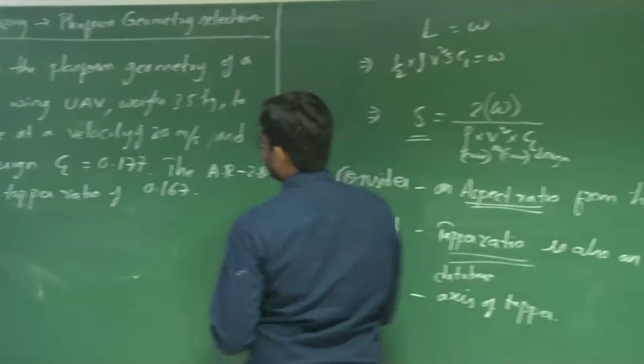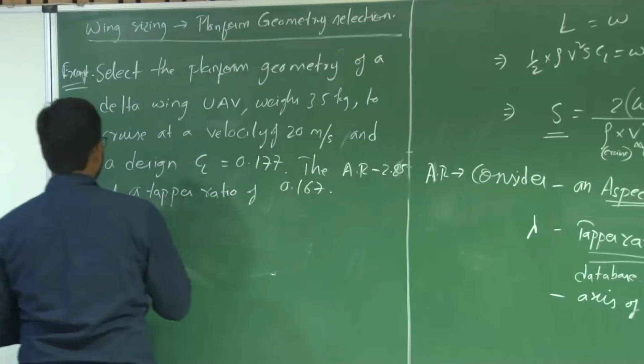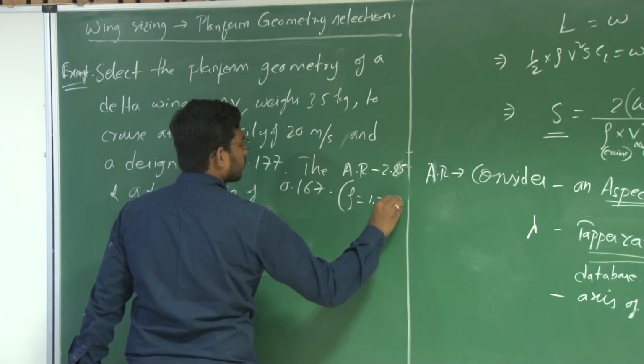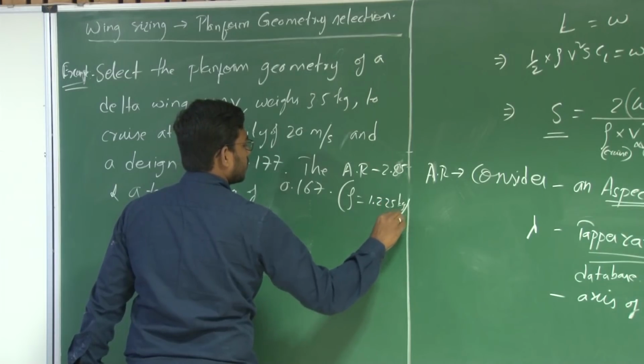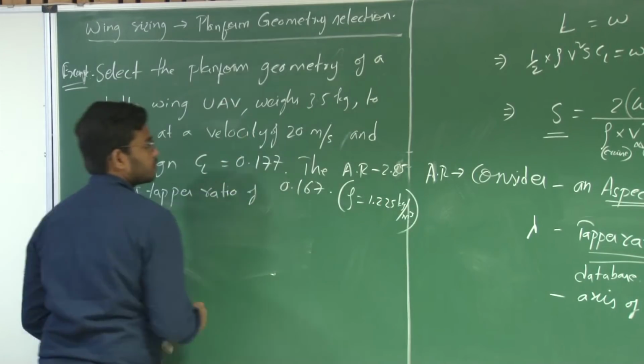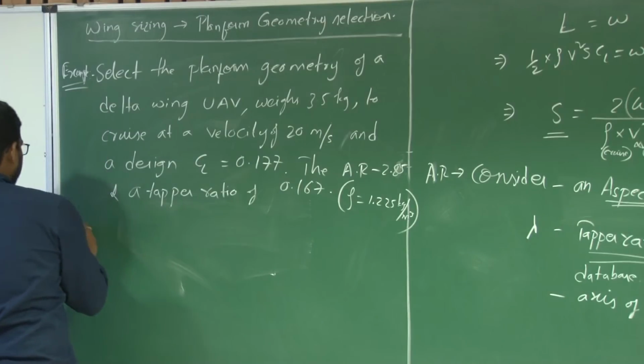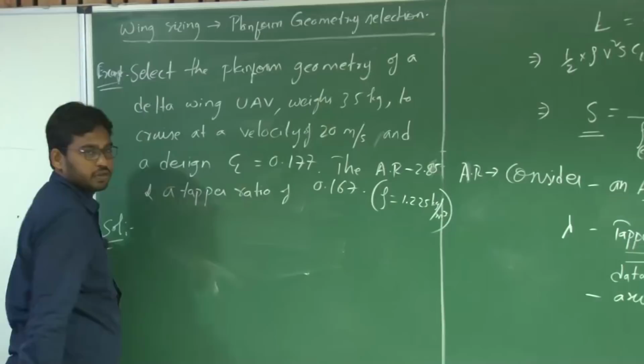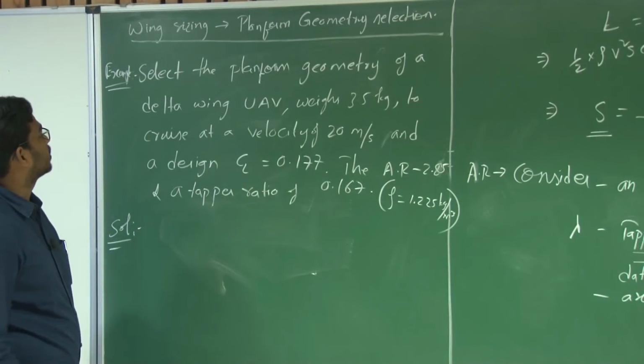So this UAV has to cruise at sea level, right? Consider sea level. Rho is 1.225 kg per meter cube. So this UAV has to cruise at this particular altitude, where the density is 1.225 kg per meter cube.